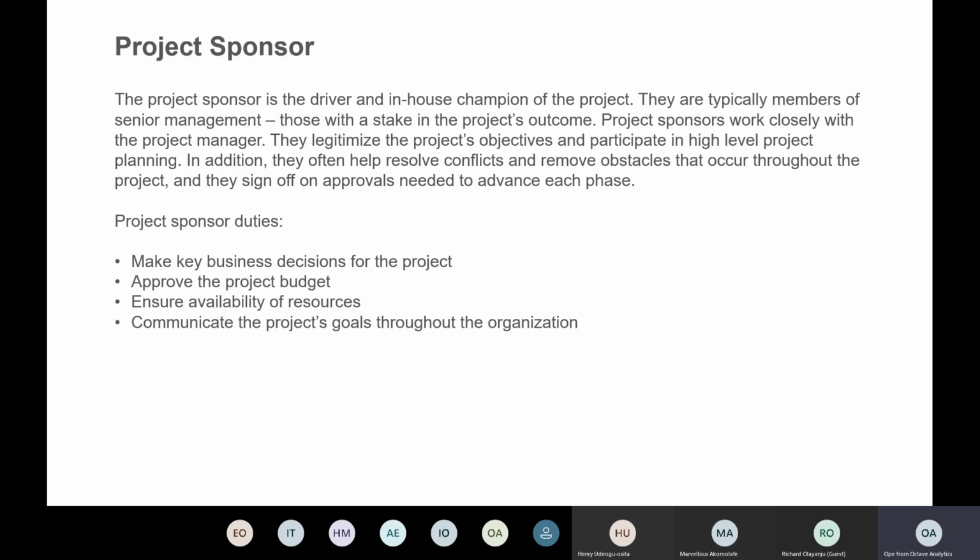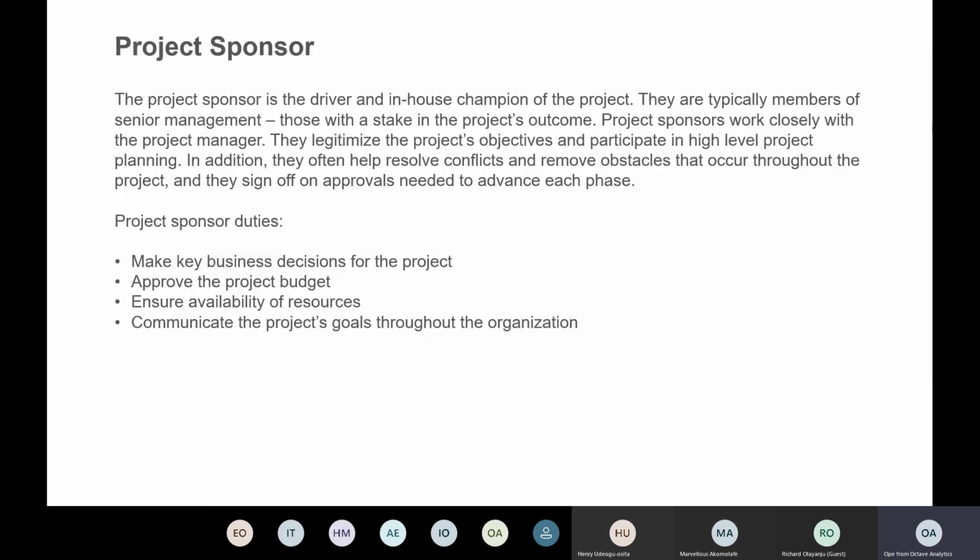Because most times your project sponsors are senior or management roles of your clients, right? Because they are the ones that dictate the pace and make the payment. So most times they are of senior roles, and you can escalate issues to them, and they will always help to resolve conflicts and remove obstacles.